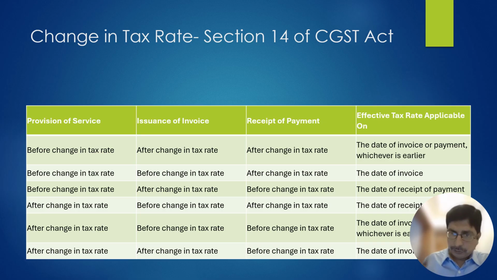Issuance of invoice, the date of issue of invoice. 3. Receipt of payment. If out of these 3 events, any 2 events happen before the change in tax rate, apply the old rate. If out of these 3 events, any 2 events happen after the change in rate, then apply the new rate. That's it.